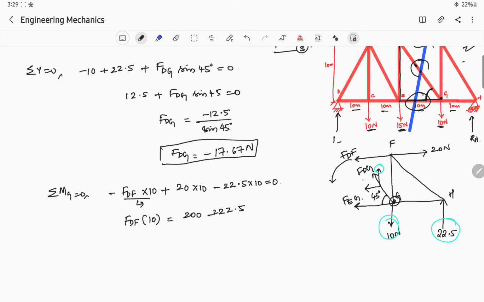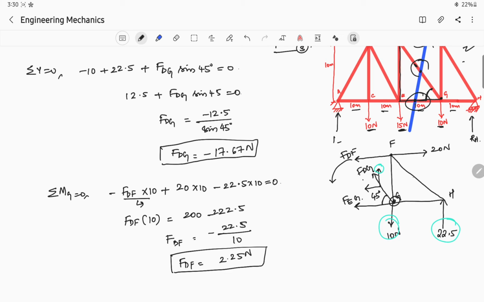So FDF is equal to minus 22.5 divided by 10, which is equal to 2.25 newtons, force in member DF.